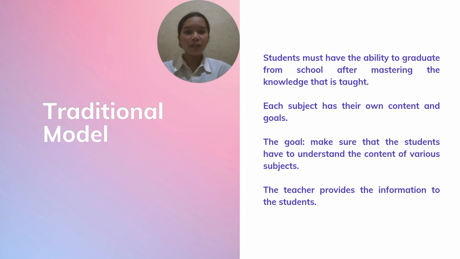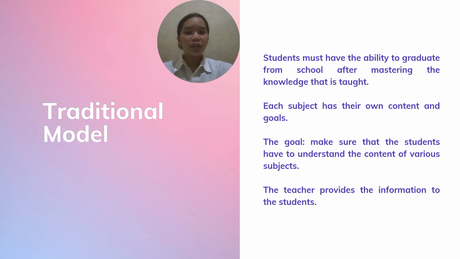Traditional model focuses on strategies that help the students get the content that they are being given, mostly in a theoretical way. In this model, the important thing is students must have the ability to graduate from school after mastering the knowledge that is taught. It means that the subjects and knowledge in the subject is more important than the needs of the students.